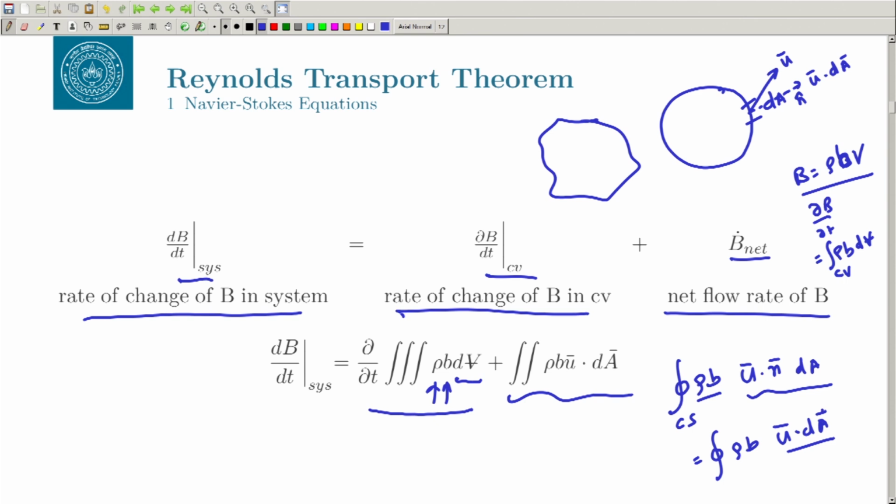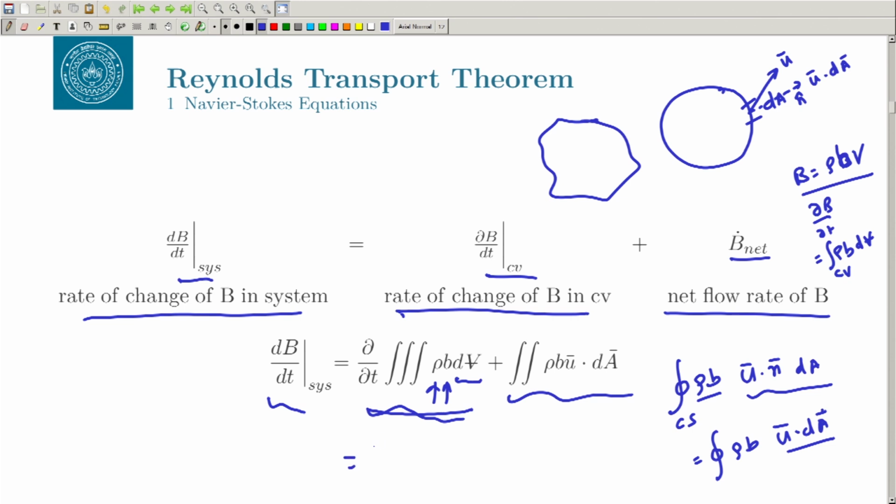So, we got the expression: the change in the system is equal to the change in the control volume plus the net flux. Now we can directly use the Gauss divergence theorem here.